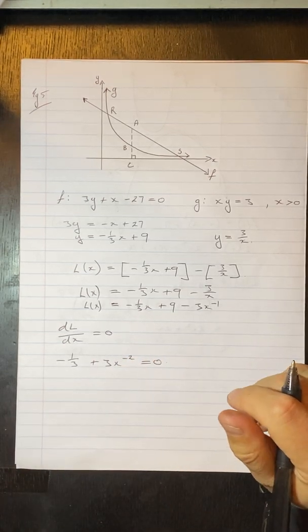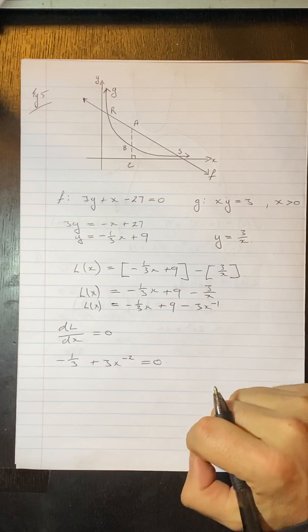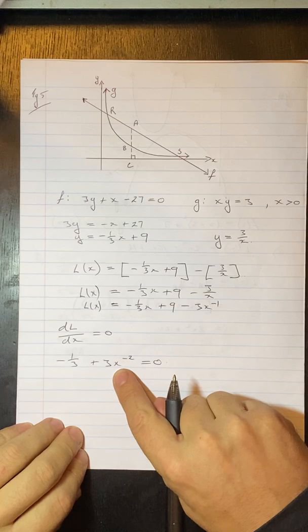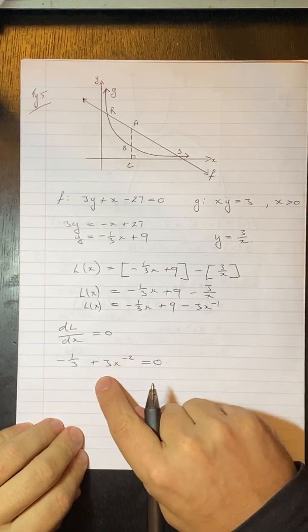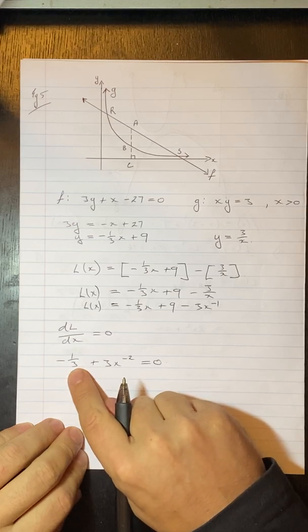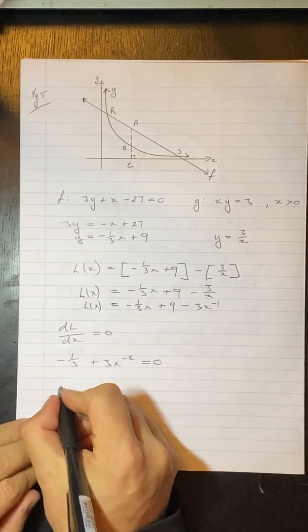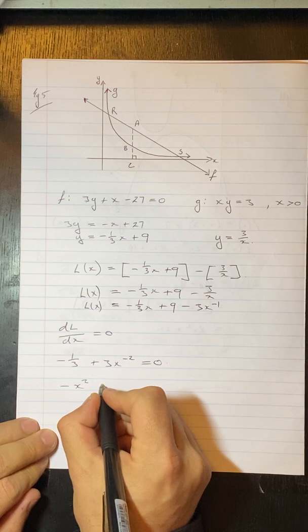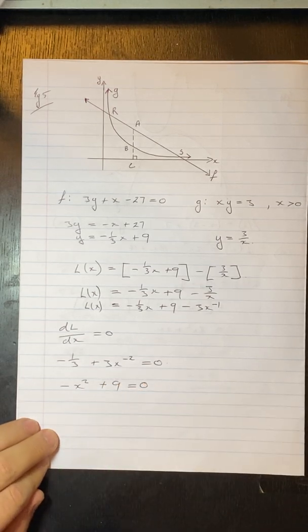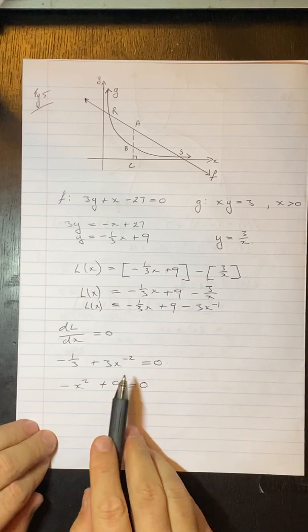All right, grade 12, so I'm going to miss a few steps here. First of all, I'm going to multiply up by x squared, because just remember that minus means it's in the denominator. Multiply up by x squared, and then multiply up by 3. So we get here minus x squared plus 9 equals 0. Let me say that again.